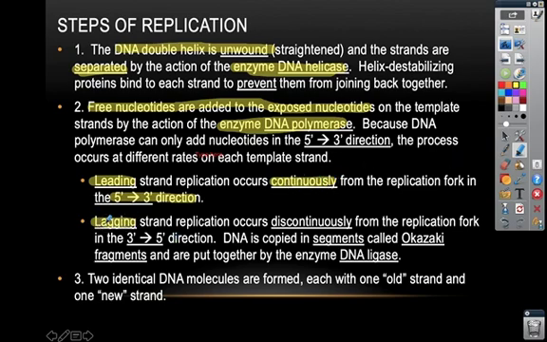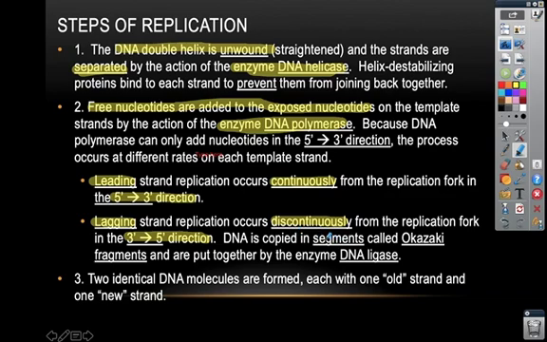Lagging strand, in contrast, is built on the strand that's going in the 3 to 5 prime direction, and it's built discontinuously. So what do I mean by discontinuously? Essentially, it's built in segments. So the replication fork opens up, it adds some nucleotides, then it has to wait. The enzyme moves, it builds another segment.